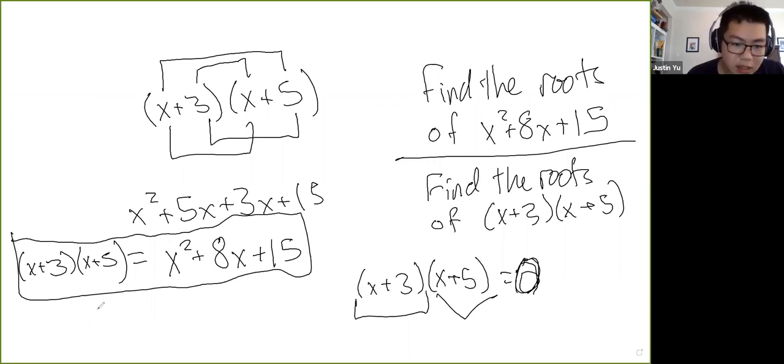So what are our cases? Well, we know that one of the factors has to be 0. So let's say we're looking at the case where x plus 3 is equal to 0. Can we solve this?